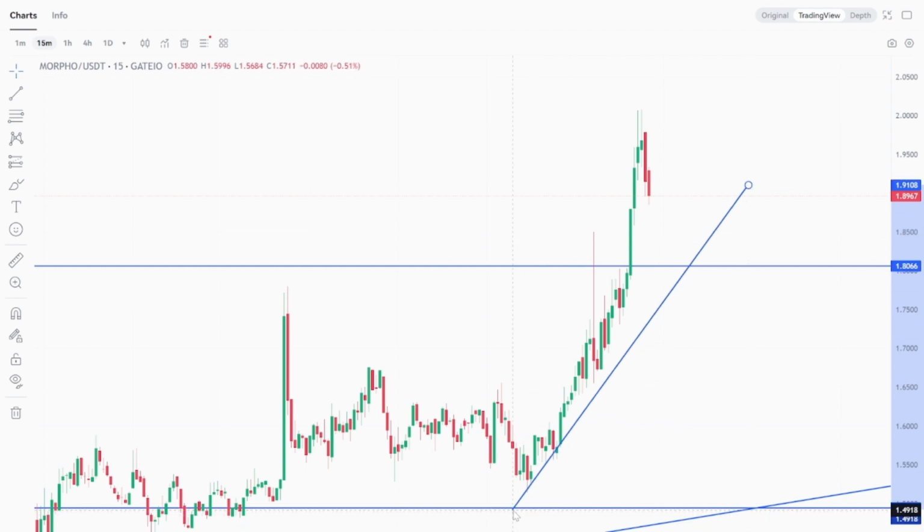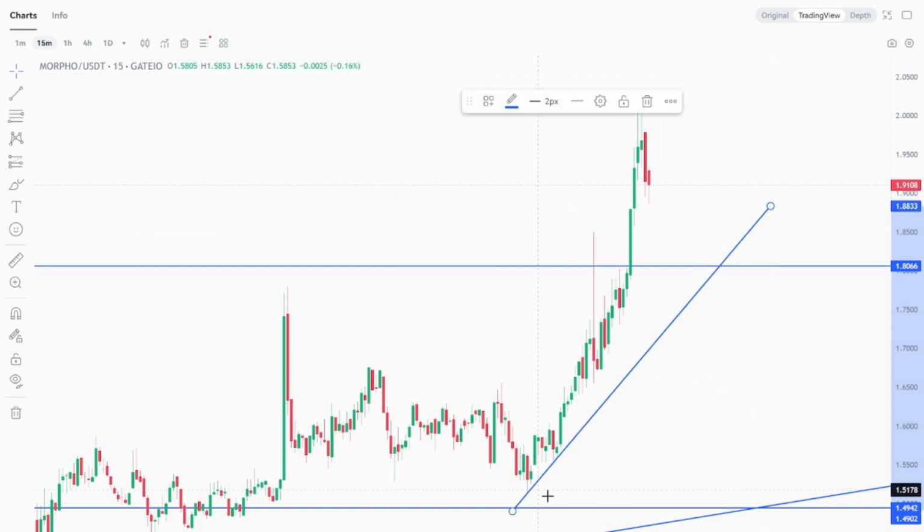So you want to let this previous low match with the supports of this token. You want to let everything match, and you have this level right here that if this token continues trading right here, this short time trend line, note we are in the 15-minute time frame.